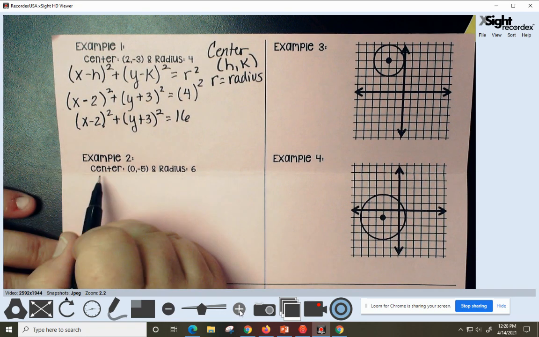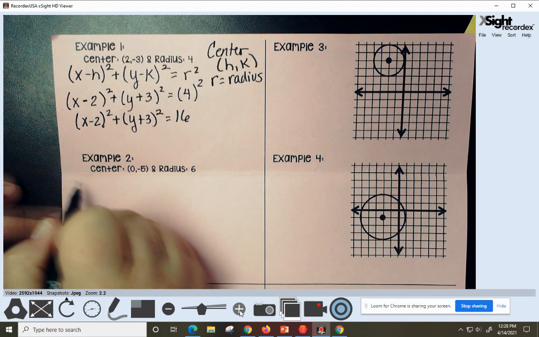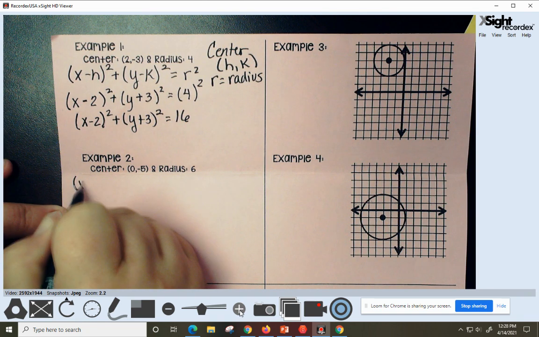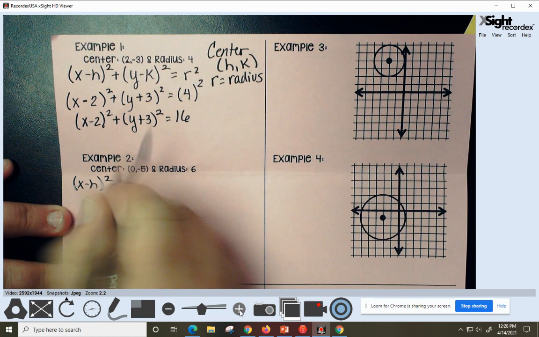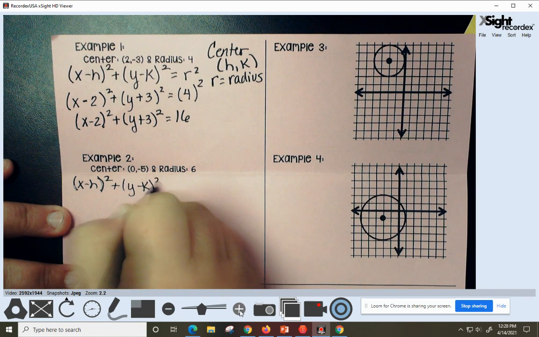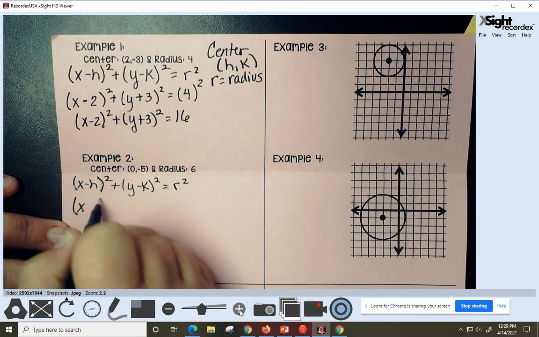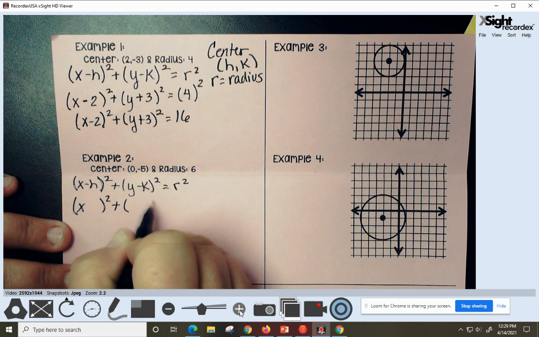On example 2, I'm given the center and the radius. That's the two things that I need to be able to write my equation. So I'm going to go back to my basic formula. Y minus k quantity squared is equal to my radius squared. We'll kind of write the shell of it.